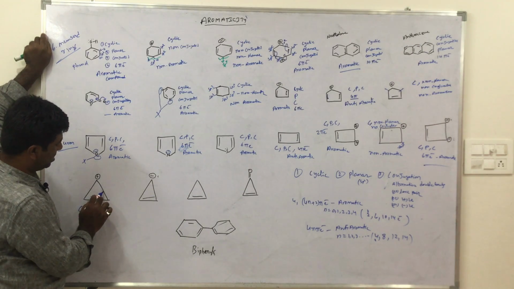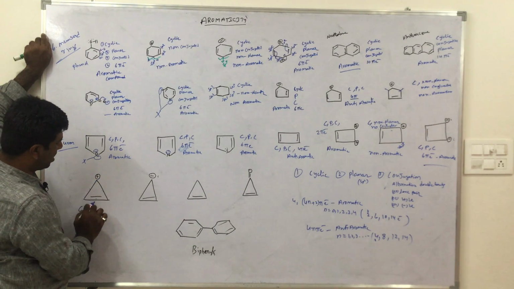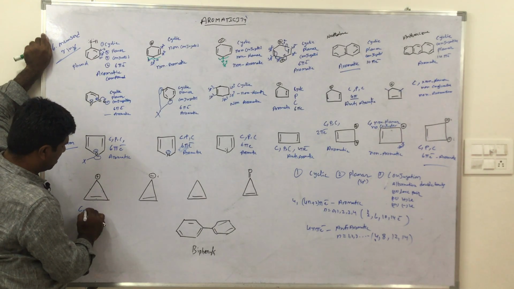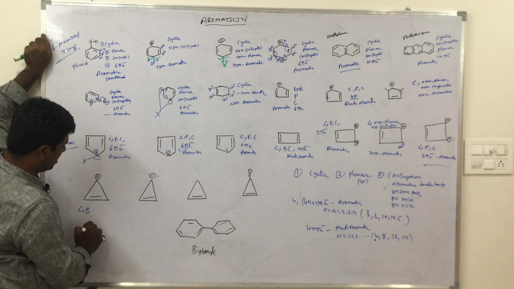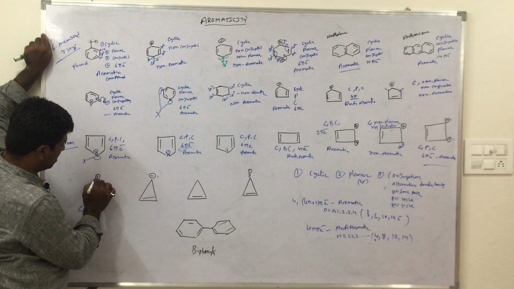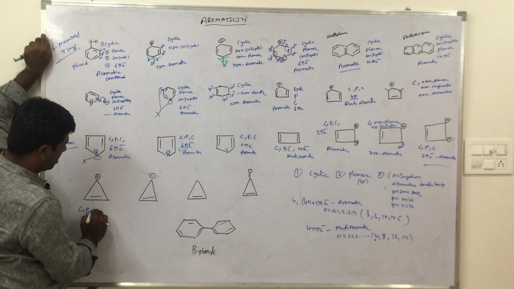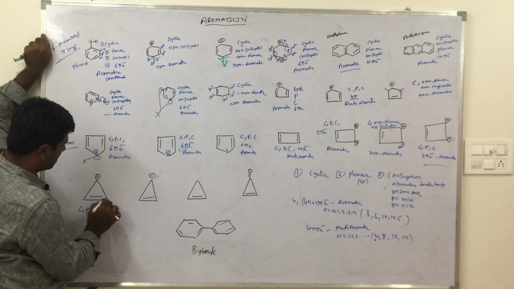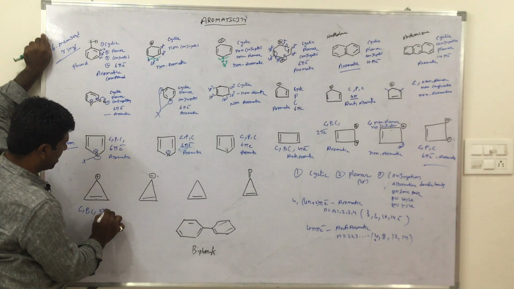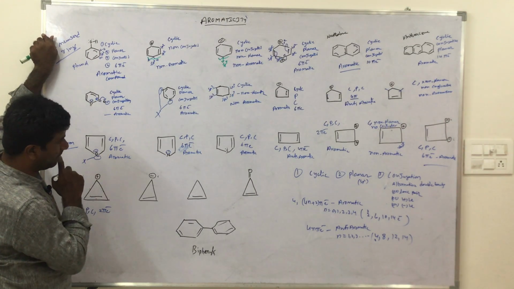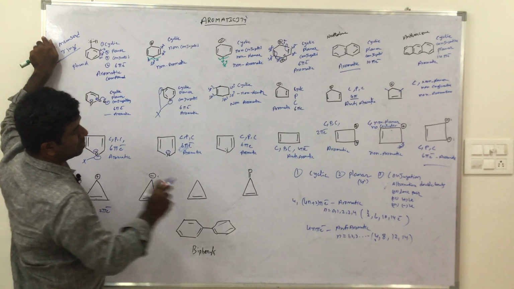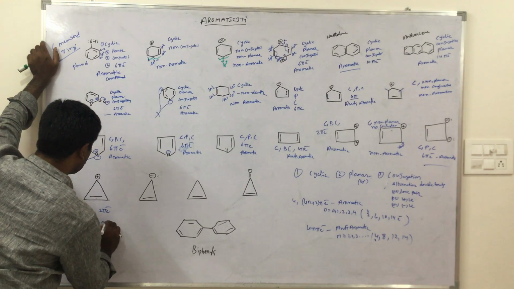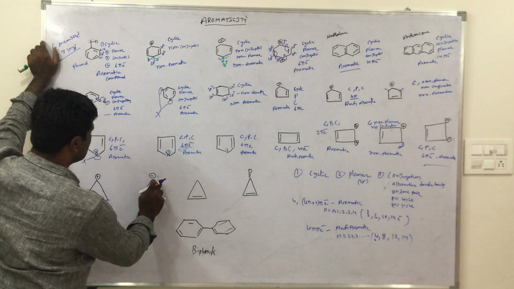So all are having sp2 hybridization. So this is planar. Alternative double bond, that means this is positive charge, this is pi bond. So conjugation is present. But here how many pi electrons are present? 2 pi electrons. 2 pi electrons belongs to which category? This one. So this is aromatic. Okay, here also this is aromatic.